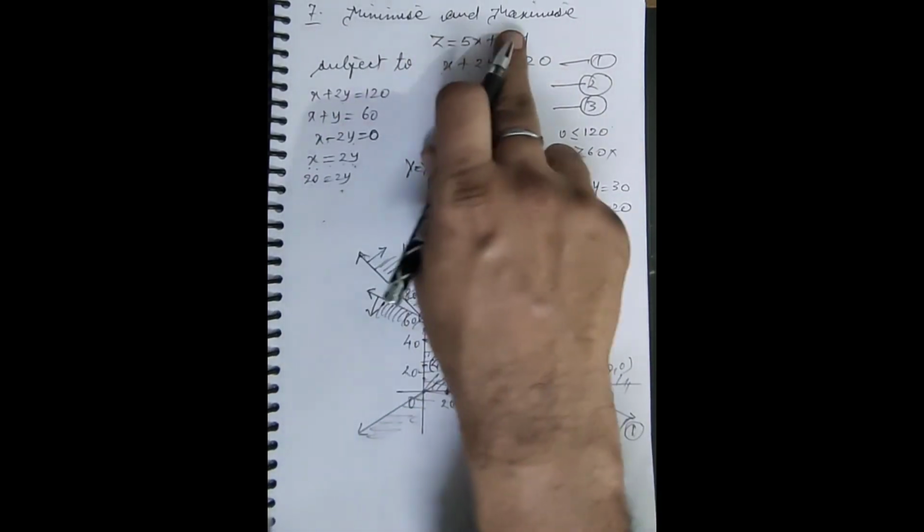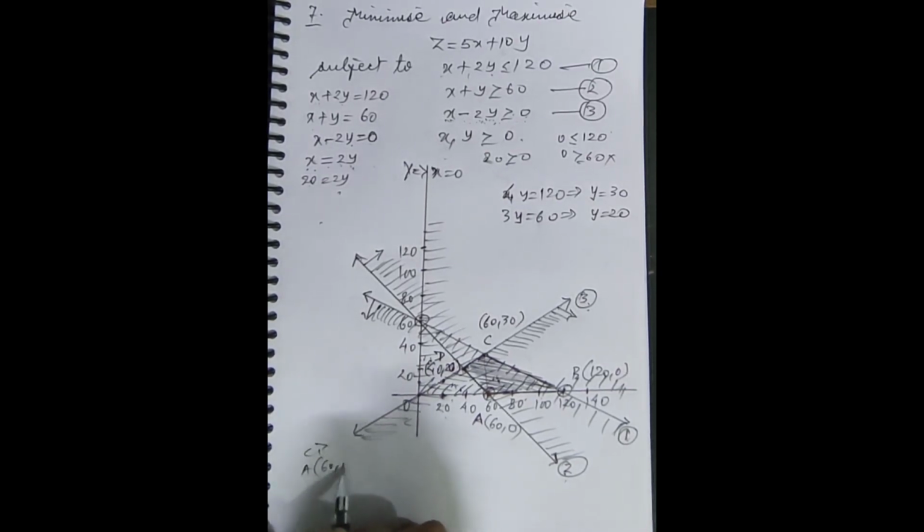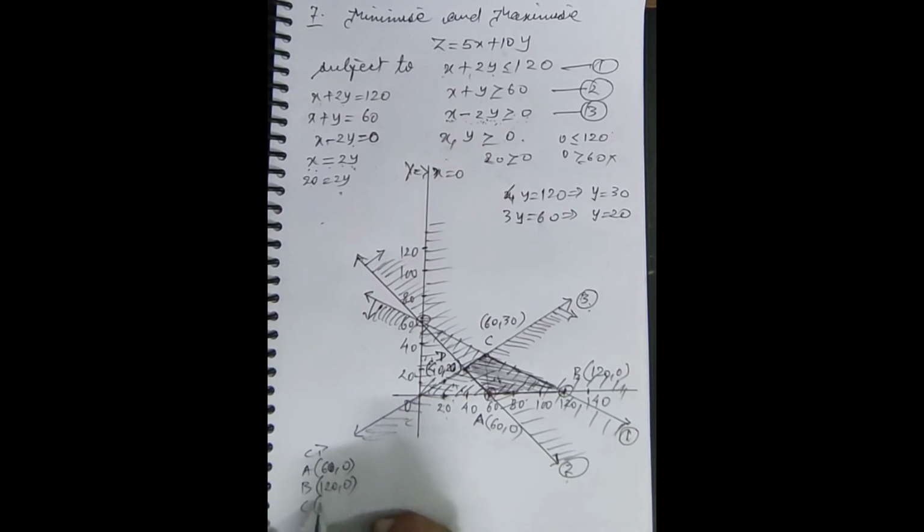Now we need to check the objective function, minimum and maximum. Be careful in this question, both of the things are to be obtained. So let's do it without a table. I will explain. Corner point A, (60, 0). B, (120, 0). C, it's (60, 30). And D, (40, 20).